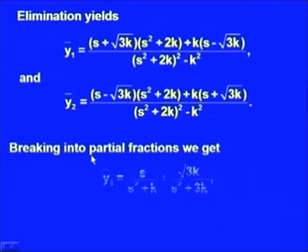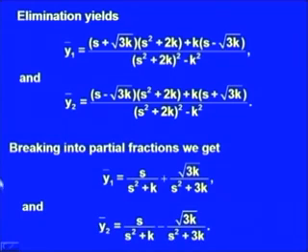After breaking into partial fractions, we get y1 bar equal to s over (s² plus k) plus root 3 k over (s² plus 3k), and y2 bar becomes s over (s² plus k) minus root 3 k over (s² plus 3k).